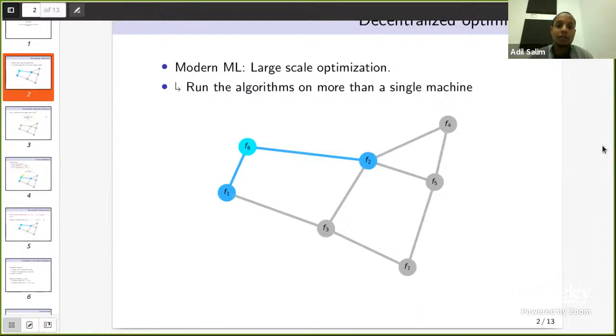In modern machine learning, we have to deal with large models, and we can often reformulate these problems as large-scale optimization problems. Typically, we have a network of computing agents. At each node of the network is located a computing unit. The goal of the network is to run a machine learning algorithm in a decentralized fashion.